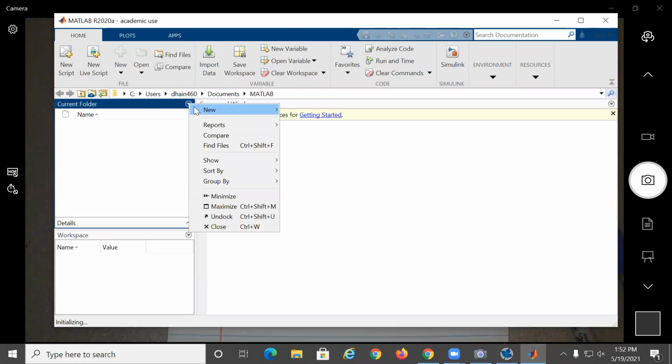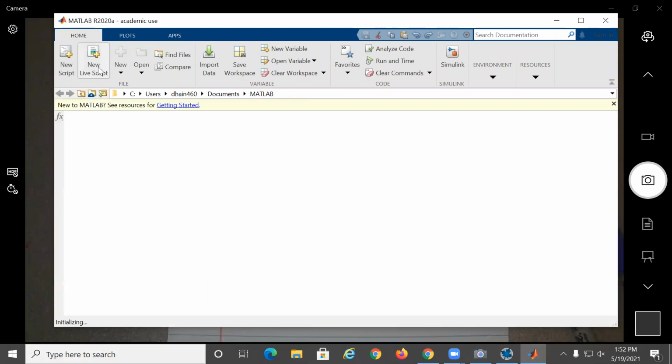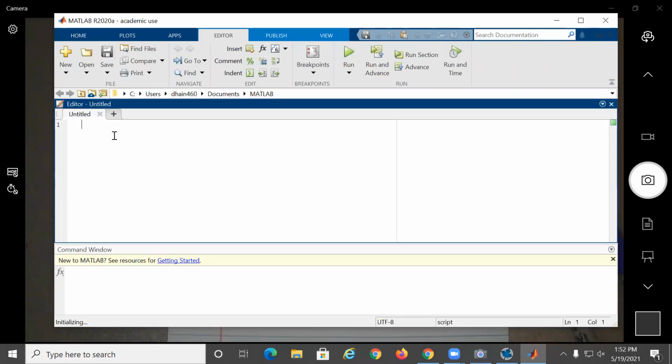So let me close these things. I never use them. So let's say new script. So here, like in Maple, I always clear everything, clear the screen, and I will put whatever. C1 is equal to what? Negative 88.